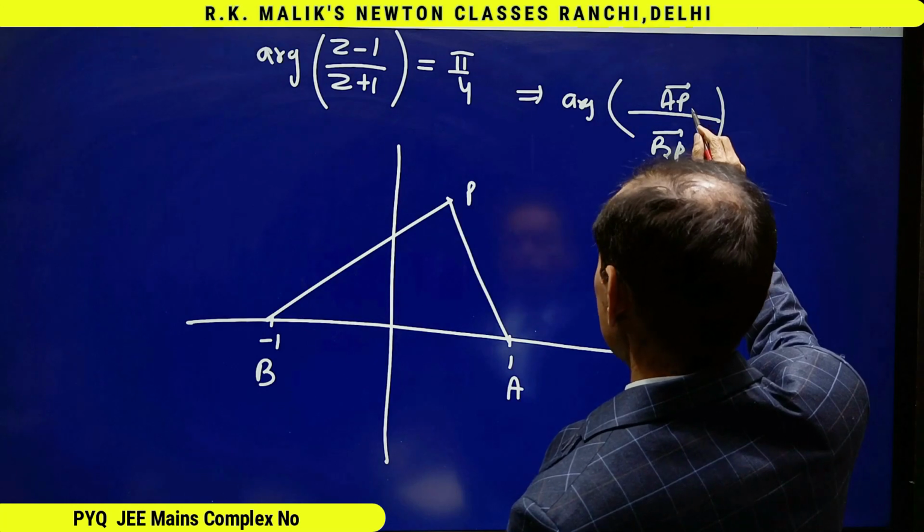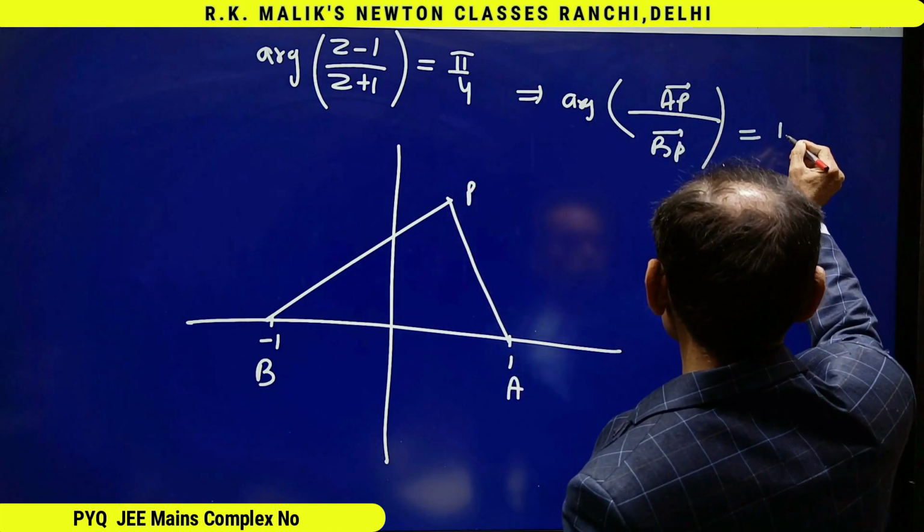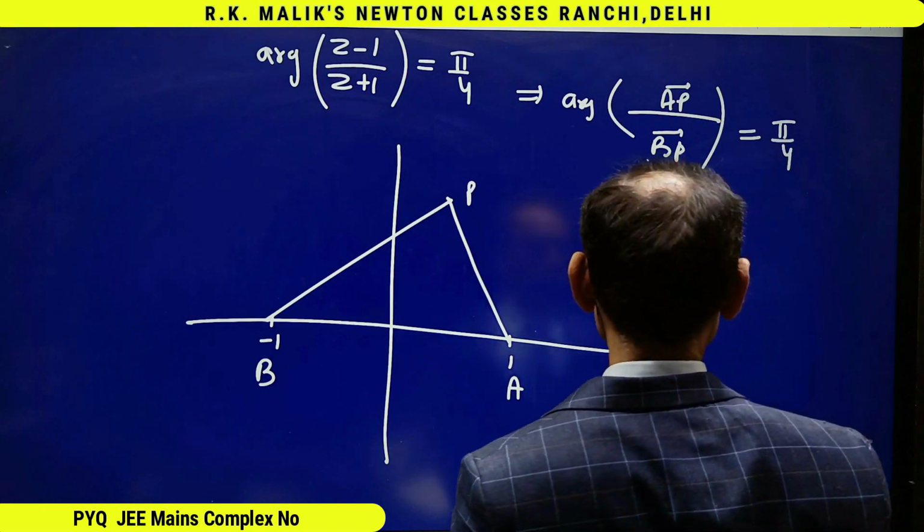AP vector means complex number of P minus complex number of A, that is z minus 1. This is equal to pi by 4.